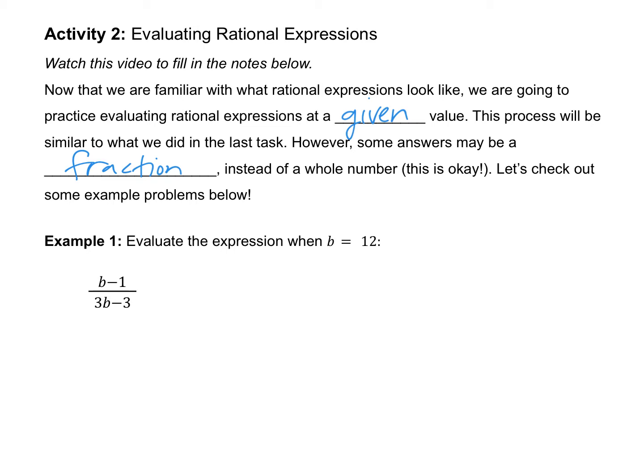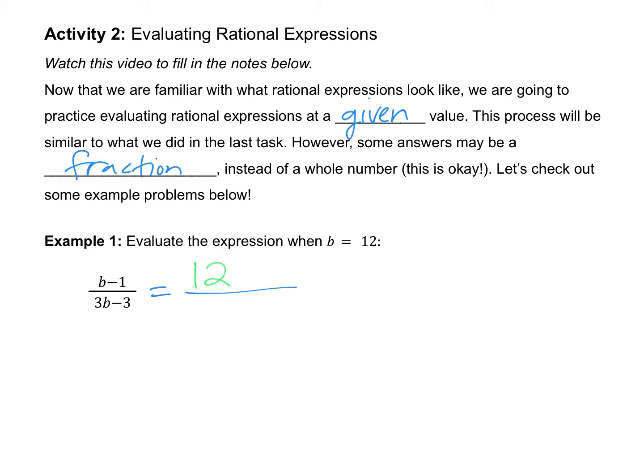Example 1. Evaluate the expression when b equals 12. So we see we have a rational expression, b minus 1 divided by 3b minus 3. We're going to evaluate just like before. Everywhere we see a b, we're going to plug in a 12.